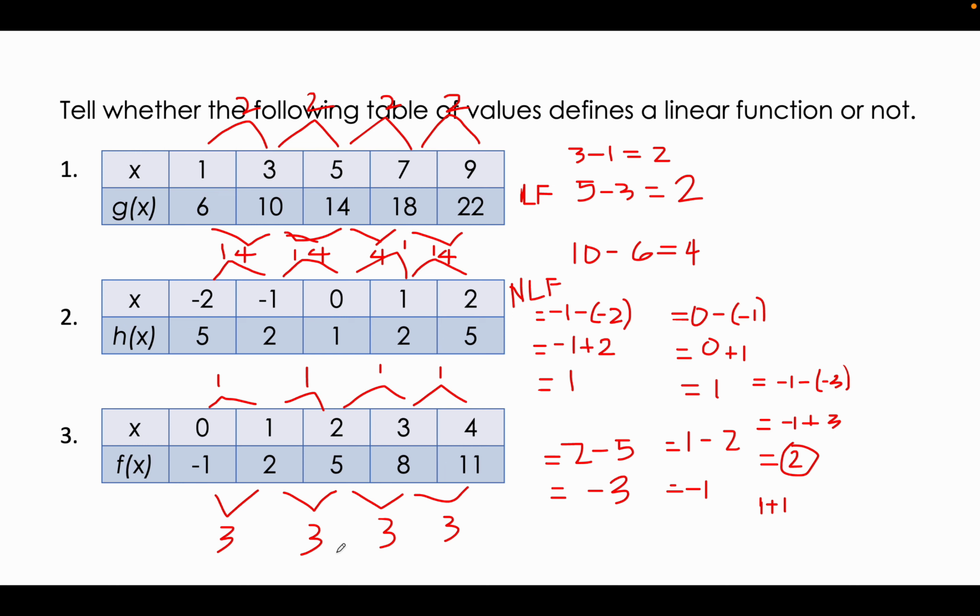And the y values have a common difference of 3. Therefore, number 3 is a linear function. Understood? Okay. Then, if there's no question or clarification for this one, let's move on to our next topic.